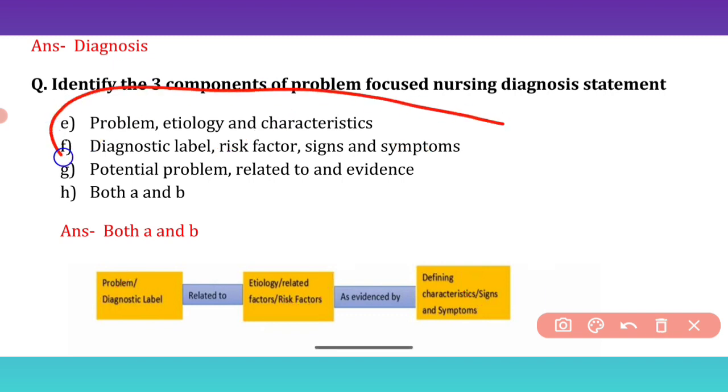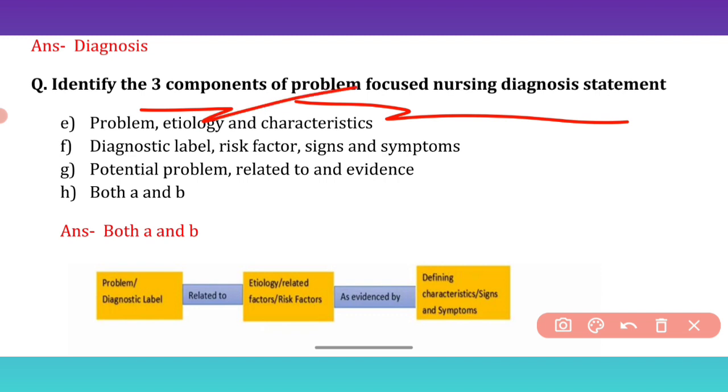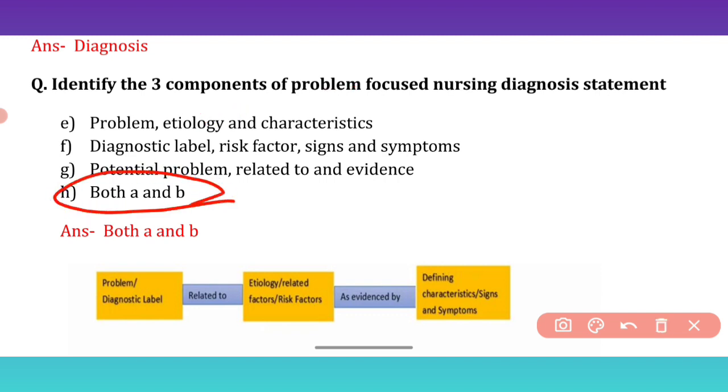So these two are coming under what? Three components of problem-focused nursing diagnosis. Underline the words problem-focused nursing diagnosis, three components. So which is the right answer here? Option B, that is both A and B. So this is the right answer.